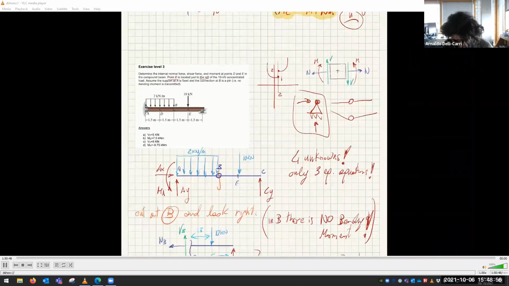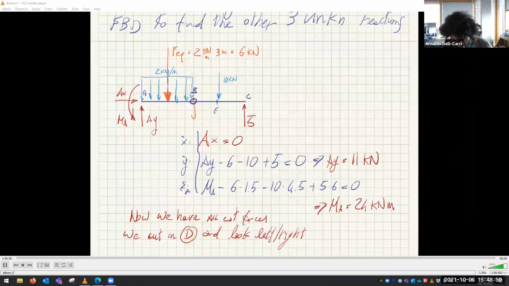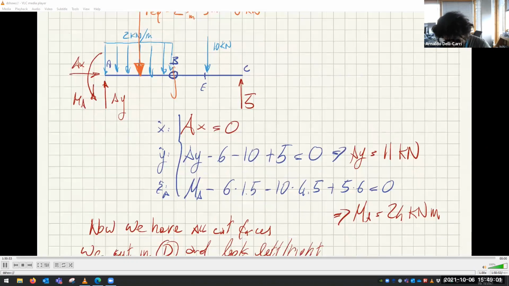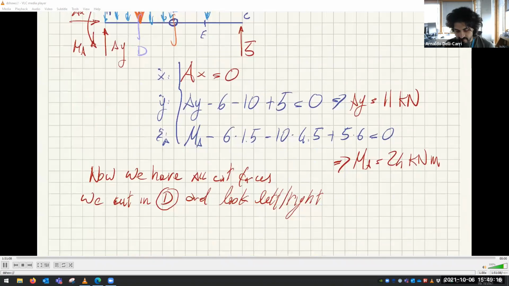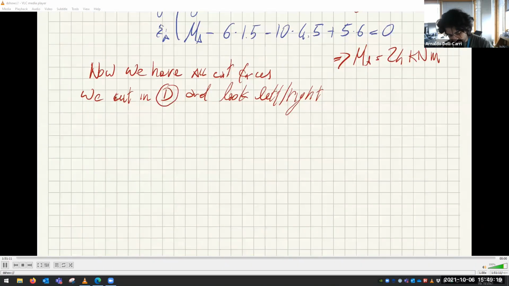So let's start with D. If I cut here, what happens? This is D. Where do I look, left or right? I believe since left is shorter, I'll probably look left. Let's look left. So this is D. We know there is a distributed load here.